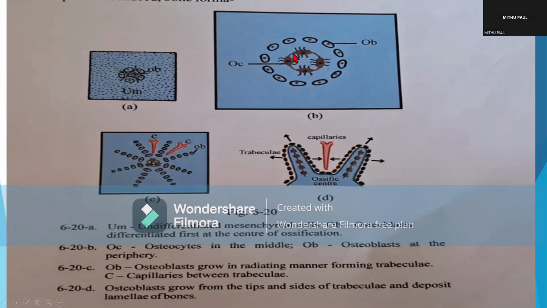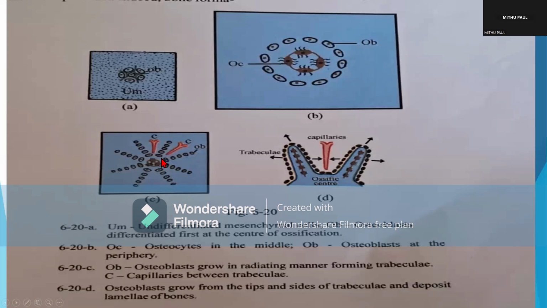The center cells are converted to osteocytes via deposition of intercellular substances surrounding them, and the peripheral cells still continue to proliferate. Then, because of vascularization, the cells from the ossific center proceed in a radiating manner so that the area of bone formation goes on enlarging.